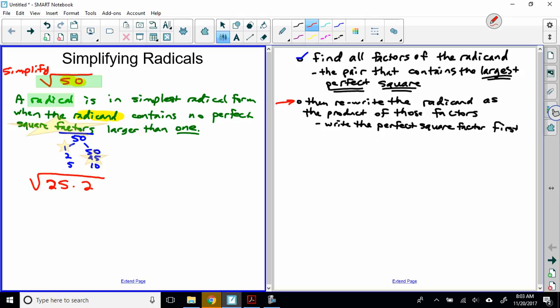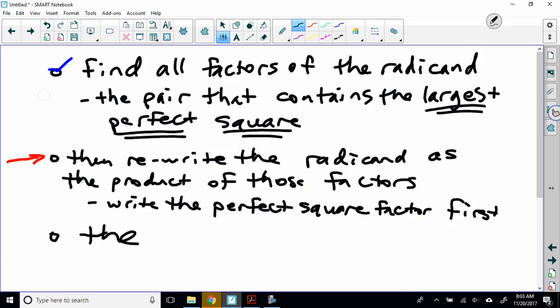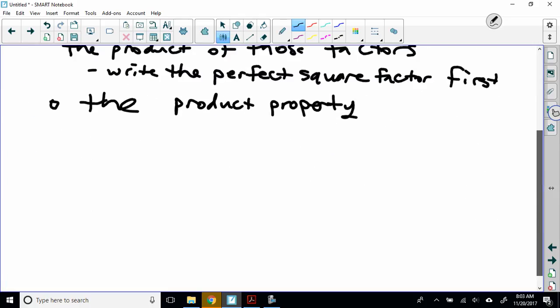Okay, so the next thing we have to realize is there's this thing called the product property. The product property for radicals is only true for positive numbers. Don't try it on negative numbers, bad things happen.